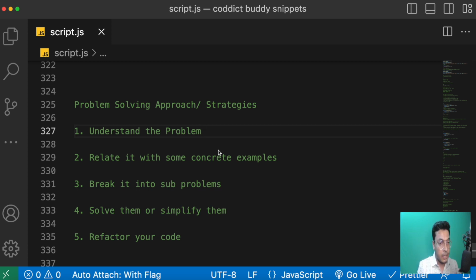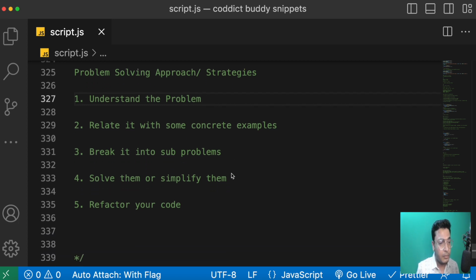So the first thing you need to do is understand the problem, what the actual problem is, what you have to solve. Okay, and then you have to relate it with some concrete examples. Let's say your friend has a problem with his dog. His dog is not behaving well, right? So you can relate it to another friend, whose dog was also behaving the same way. Then whatever you advised that person to do, the same advice you can give this guy.